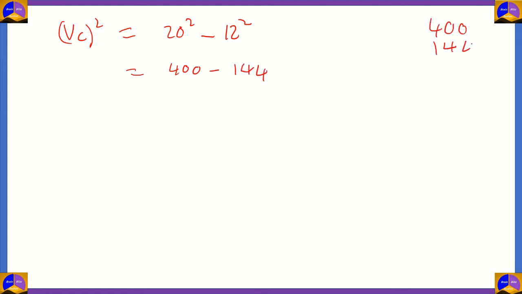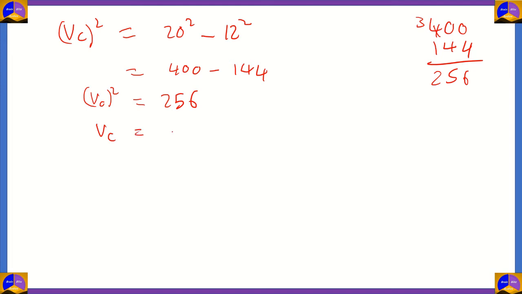Now let's rearrange the equations. We have VC the whole square is equal to 20 square minus 12 square. 20 square is 400, 12 square is 144. Subtract it. 10 minus 4 is 6, 9 minus 4 is 5, 3 minus 1 is 2. So we have VC square equals 256.